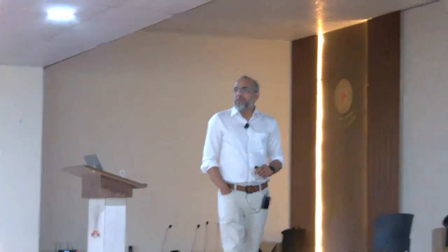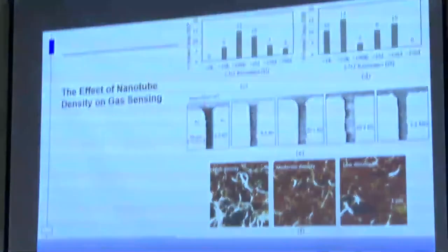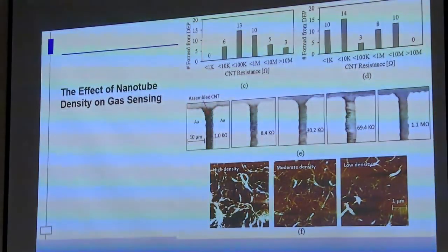The second question that we now have is, what is the impact of nanotube density? If we have a very dense network or a less dense network. Simply, when you increase the density of carbon nanotubes, you are increasing the conductivity of your sample.